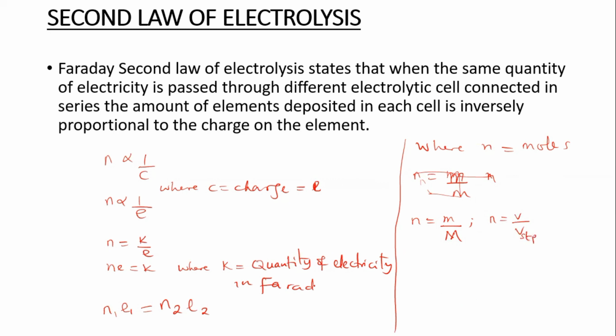Okay, so it means that the mass of element 1 divided by its atomic mass, then the charge on the element, is equal to the mass of element 2 divided by its atomic mass times its charge.